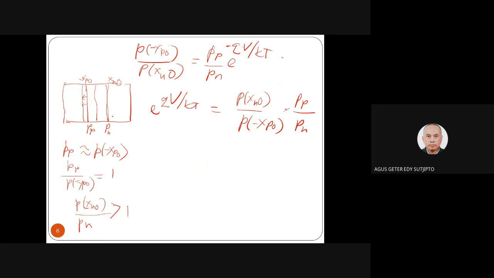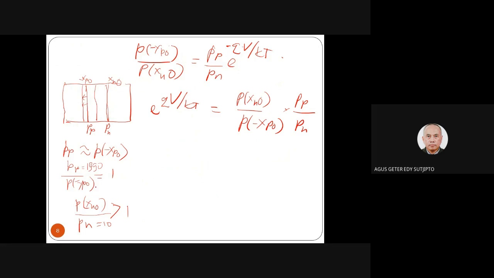For example, Pp before is about 1990, for example, because the 10 is moving to the N region. So this P is equal to 10, because it is moving to the N region.